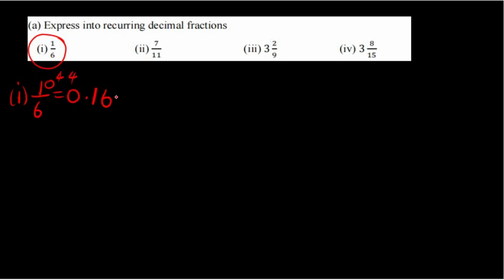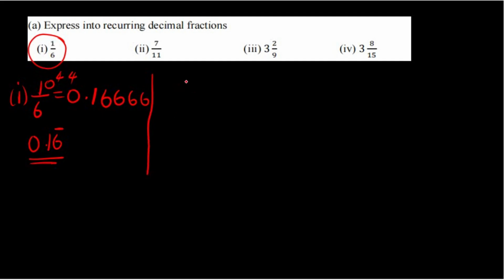So 6 will keep repeating like that. So you write 0.1, then 6. The number that is repeating is 6, so you put a bar on the number that is repeating.